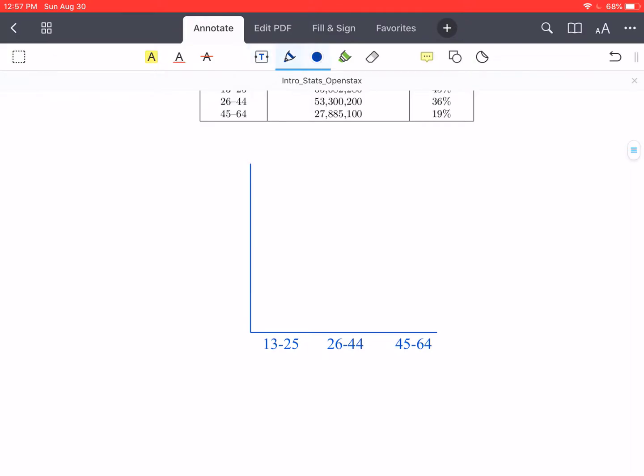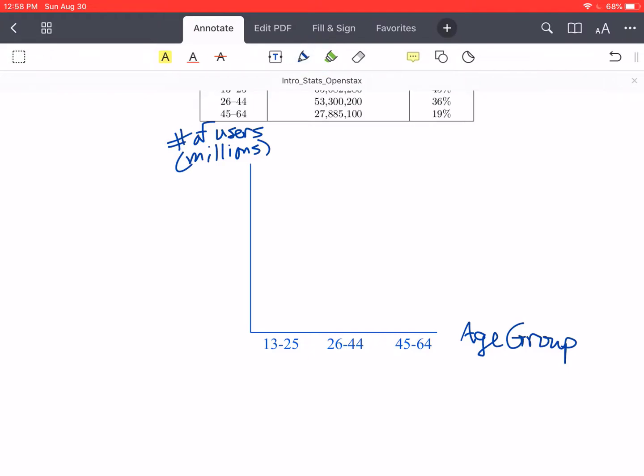Okay, so down here this is our age group. And then up here we're going to have number of users in millions. So in millions, I'm going to count up, let's see what we have here.